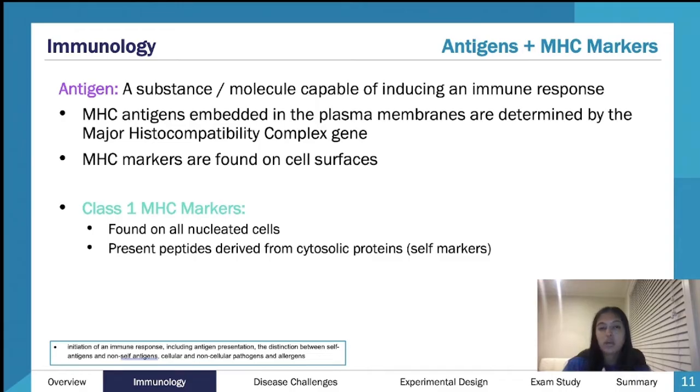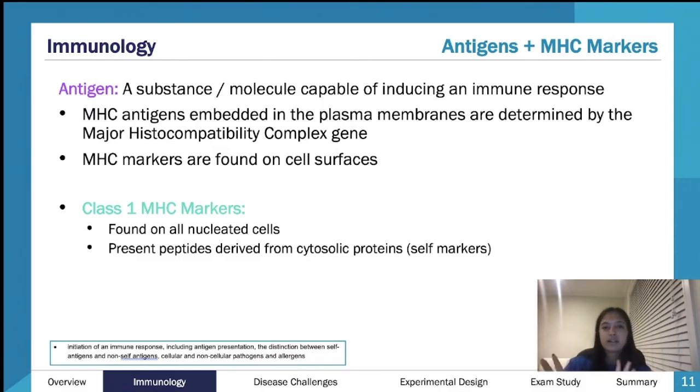They look at these MHC1, and MHC1 shows what proteins are being made in the cell. They present peptides derived from cytosolic proteins. Proteins hanging around in your cytosol, they take little bits of that and put them on their MHC1, and that shows the immune cells what I'm up to inside my cell. So that's why I think of them as a little window.